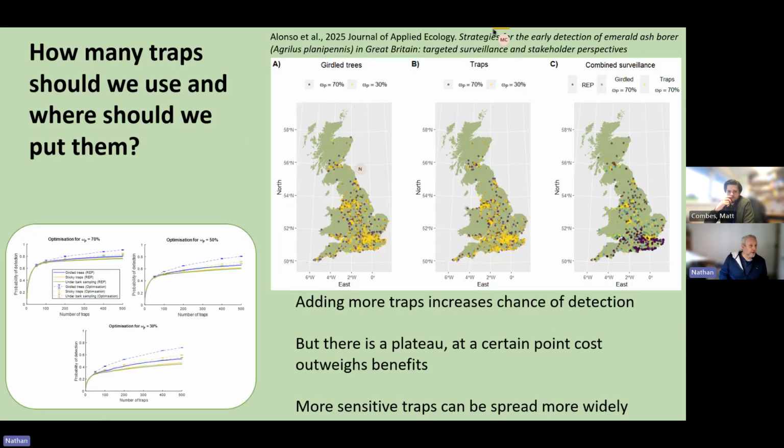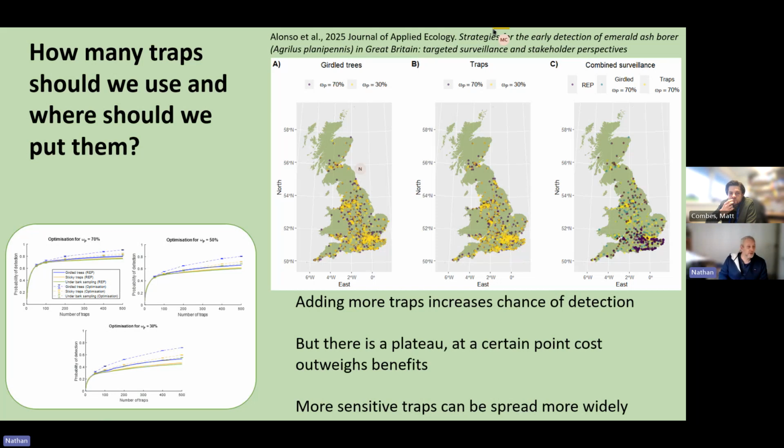So here, just one example, using insect traps to look for emerald ash borer, to show the kinds of things we can do. I'll then come back at the end of this presentation and show how we can link in volunteer reporting to this type of process. Really, the questions we're asking here are: how many traps should we use and where should we put them? So we can see graphs in the lower left-hand corner. We've got a number of traps along the bottom axis.